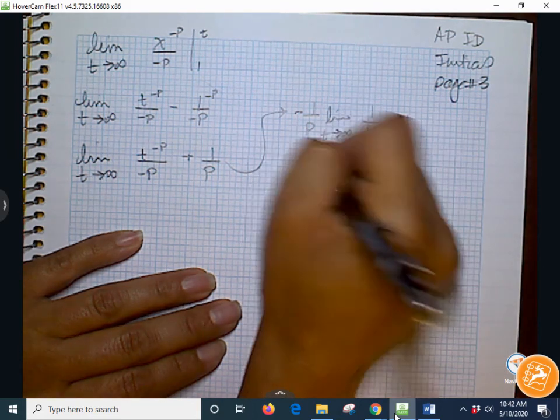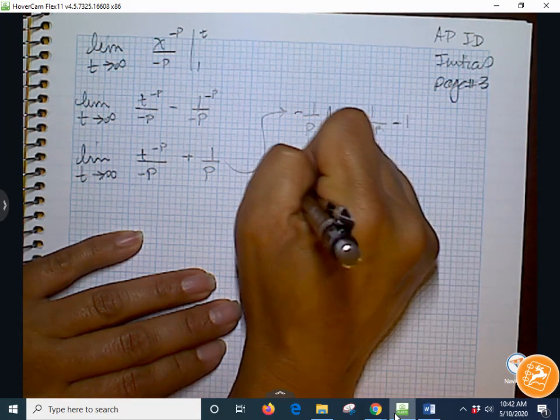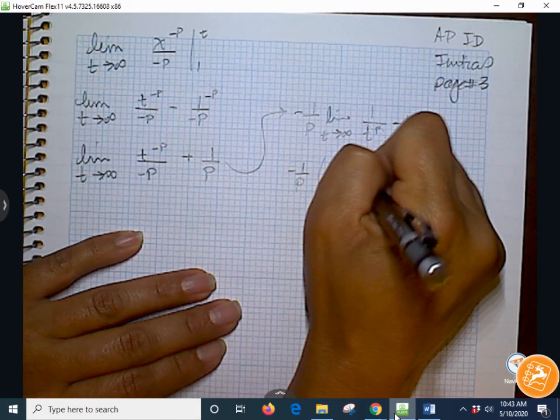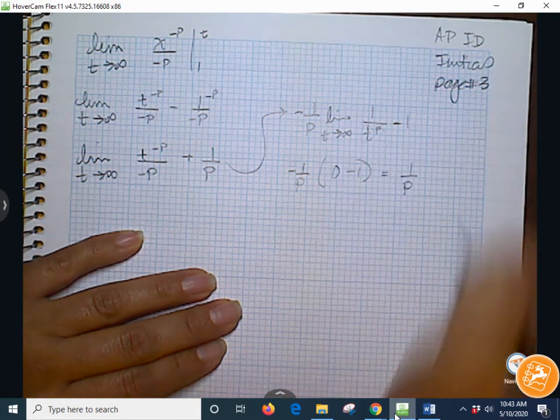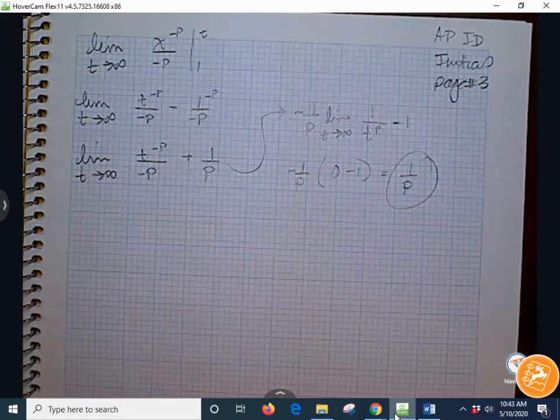So then I'm going to have negative 1 over p times 0 minus 1, which is going to be positive 1 over p. And that's it.